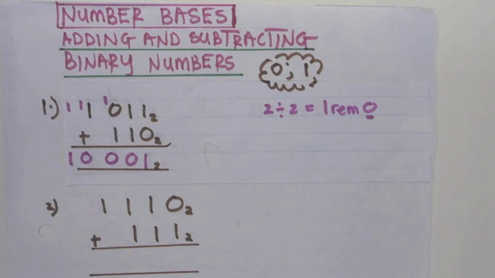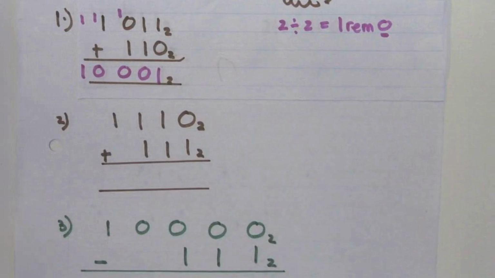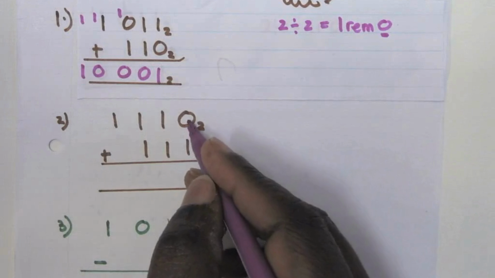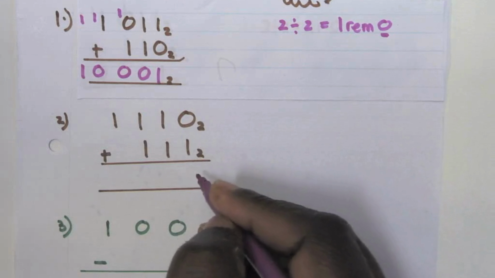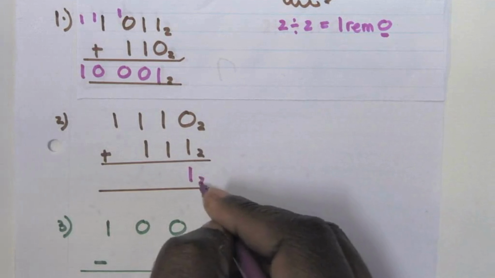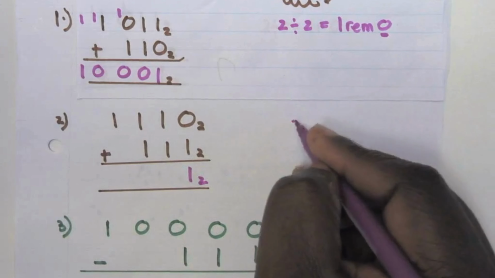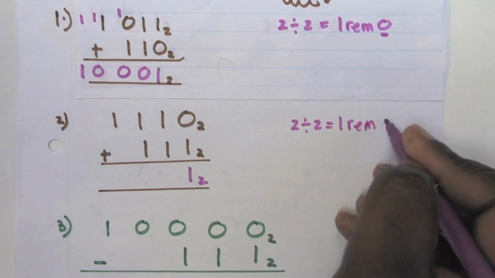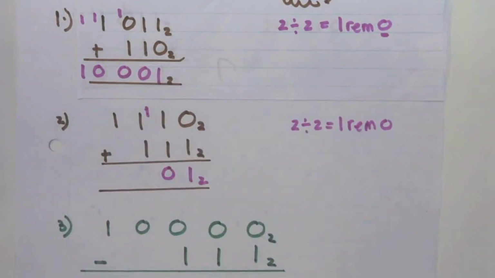If I move on to the next one, number 2, when I add here, I'm going to say 0 plus 1, I get 1, which is a number in base 2. But if I say 1 plus 1, I get 2, so 2 divided by 2 gives me 1, remainder 0, so I write 0, then I carry the 1.